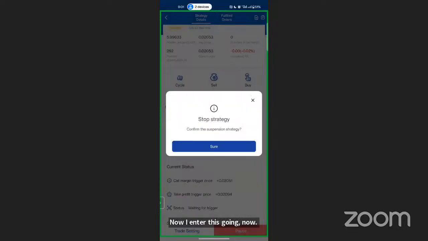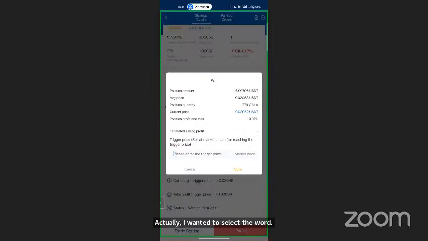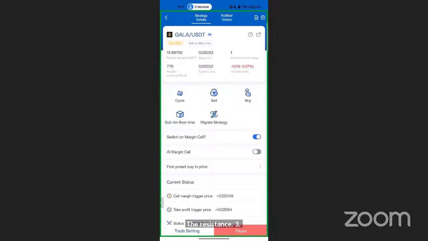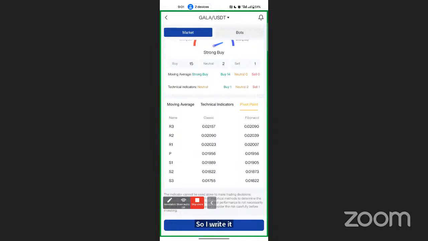Then I want it to sell at resistance 2. This one, 0.0290. So I write it somewhere, because it has not yet reached there.